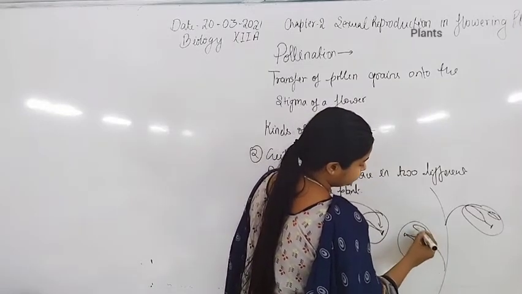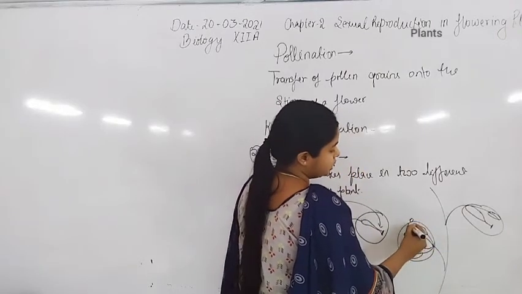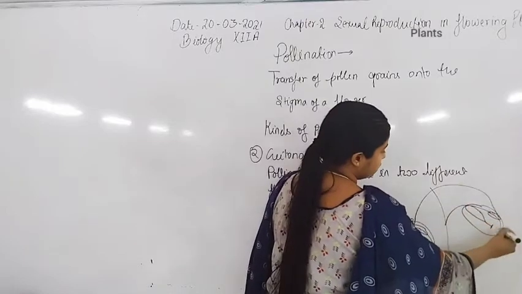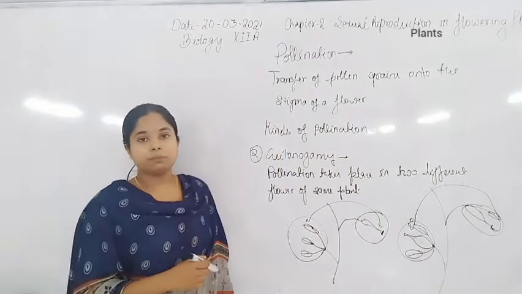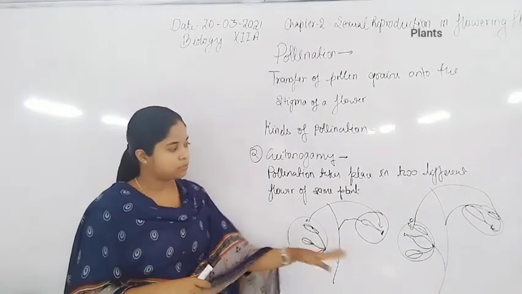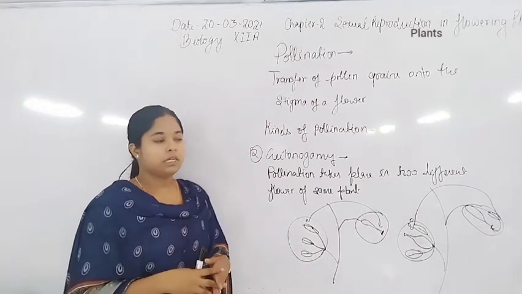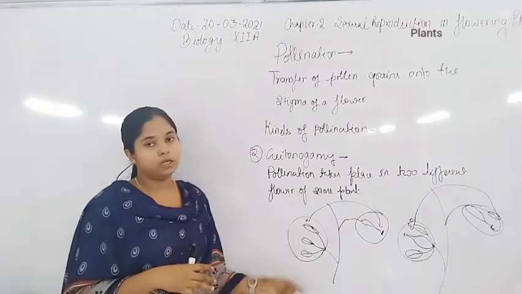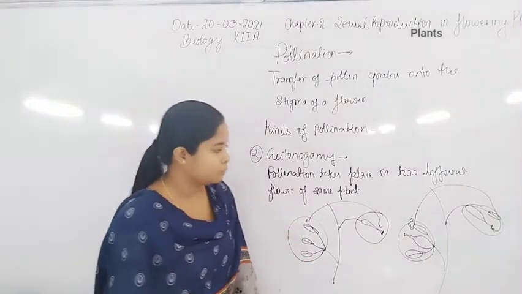Now the anther of this flower may transfer onto the stigma of a different flower. This type of pollination is also known as zytonogamy. In both cases, pollination is happening in two different flowers. Cross pollination takes place in between the two different flowers. That kind of pollination is known as zytonogamy type of pollination.